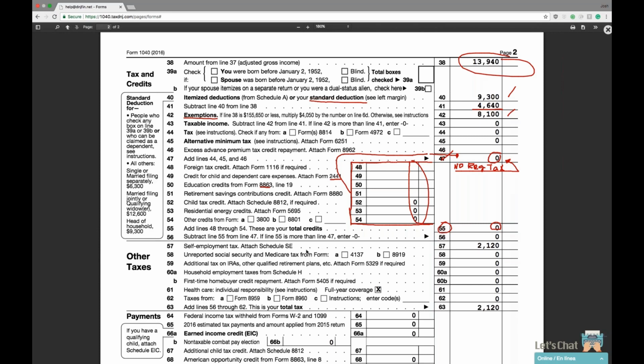I have one dependent. Yes, Mr. Customer, you do have one dependent, but you already have zero taxable income. You already have zero taxes to pay, so the non-refundable credits are not going to be applied when you have zeros. All right, so forget about lines 48 to 54 when you have zeros, because it doesn't work that way. So line 47 is zero. Line 55 non-refundables are going to be zero as well.